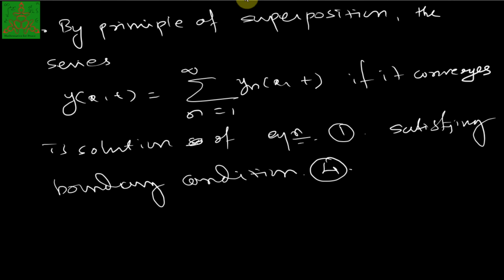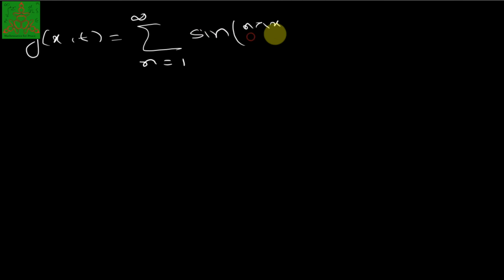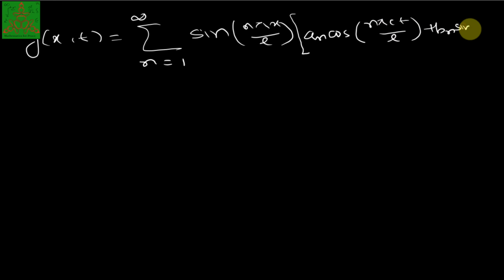Here we have the solution: y(x,t) is equal to the summation, n running from 1 to infinity, of sin(n pi x upon L) times (an cos(n pi ct upon L) plus bn sin(n pi ct upon L)). So this will be the solution we have.